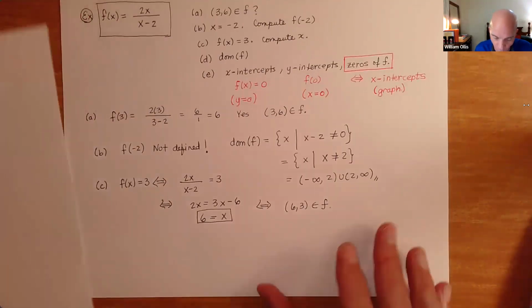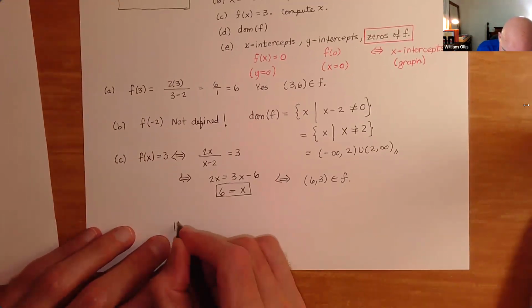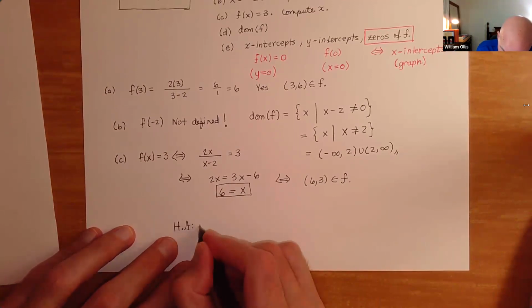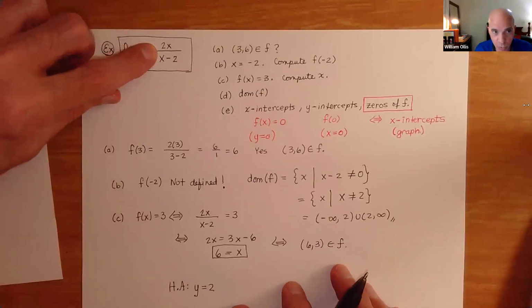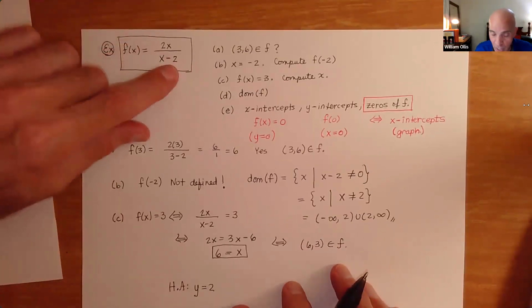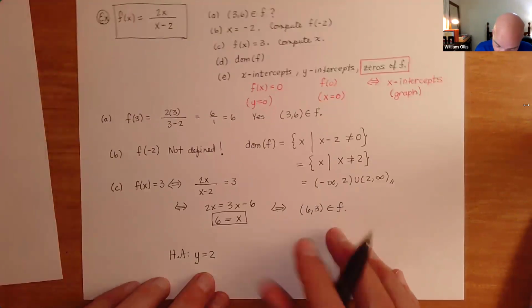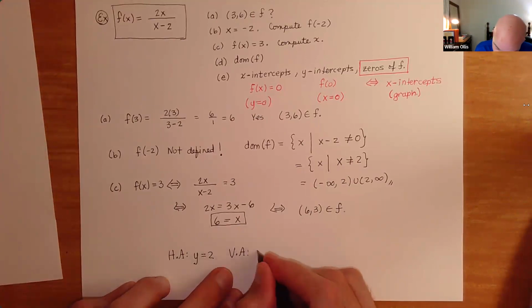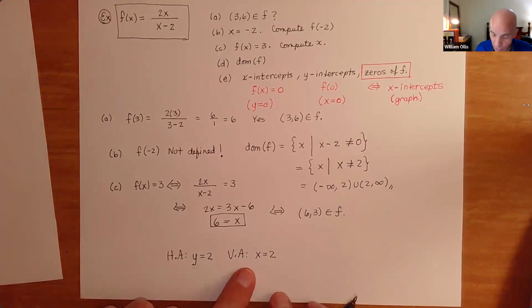As I said before, let me just write a few things before I say a little bit more. We're going to have a horizontal asymptote of y equals 2, just because of the fact that the 2x over x will survive when x is large. The minus 2 here will have basically no impact. And we're going to have a vertical asymptote of x equals 2. So 2 and 2, but one's a horizontal line, one's a vertical line.